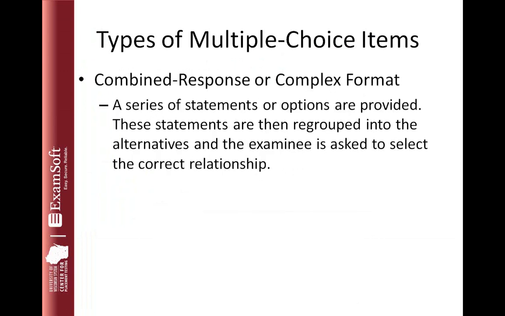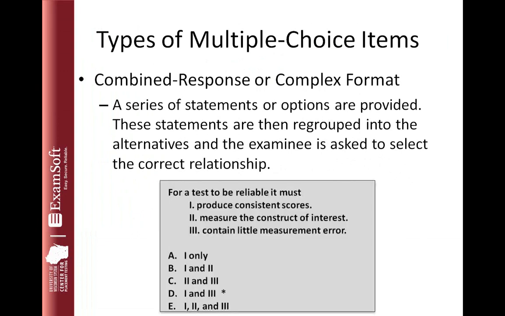Okay. One of the most complex types of multiple choice items is the combined response or the complex format. And this is where we give a series of statements and the examinee is asked to identify the relationship between the statements. Many people have suggested that this type of multiple choice item often gets at a more complex thought process.